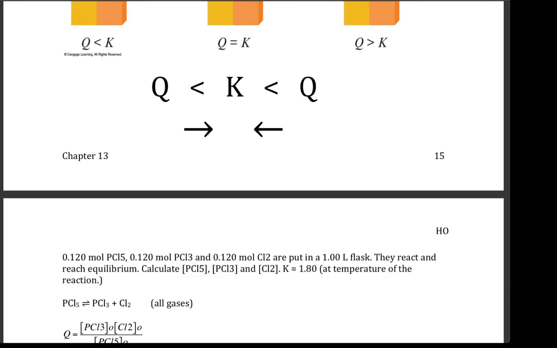If Q is less than K, we put it to the left side of K. If Q is greater than K, we put it to the right side of K. Now, Q will go to K; that is, the reaction will go to equilibrium. However it has to go, if Q has to go to the right to get to K, then we have the arrow to the right. If Q is on the right side of K, it gets to K by going to the left. That's a little mnemonic that helps me.